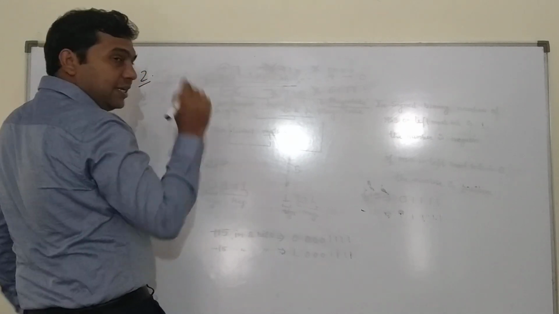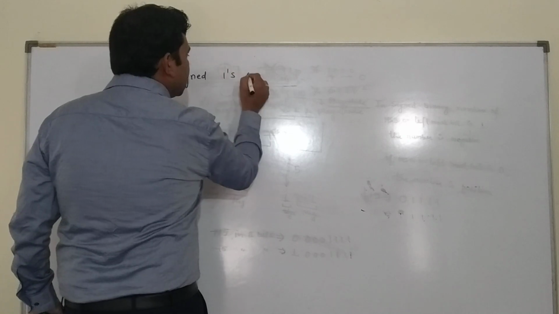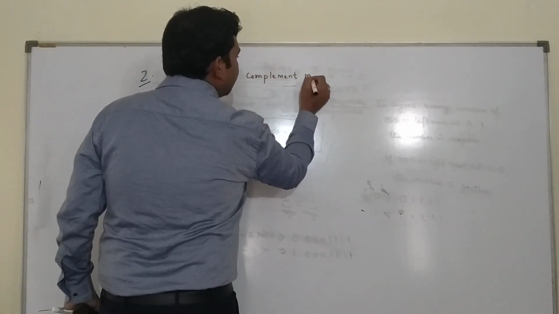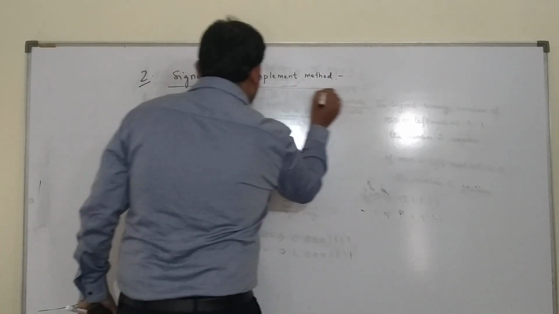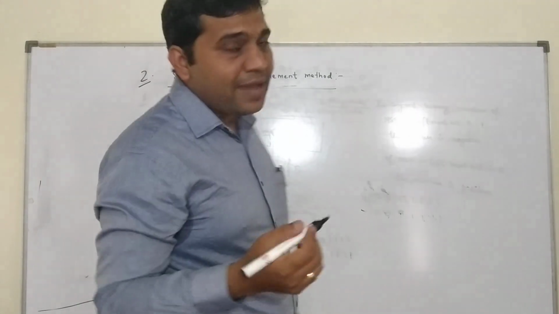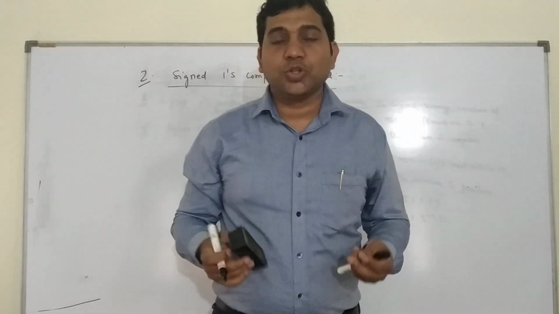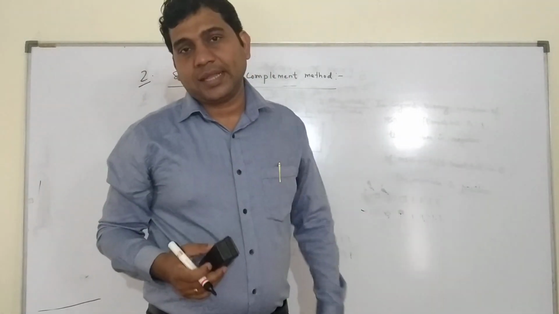Number 2, signed ones complement method. This is another method. I will come to why we need to have 3 different ways to represent. First, let me discuss the signed ones complement method.